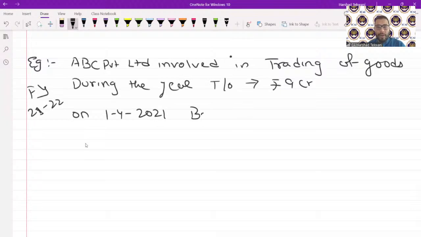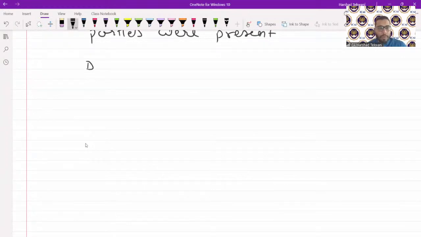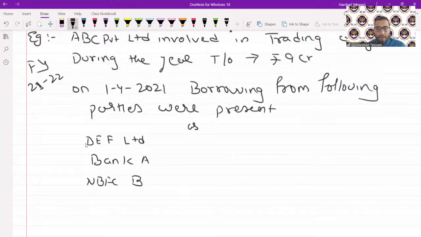On 1/4/2021, borrowings were from the following parties: DEF Limited, Bank A, NBFC B. Okay, so these were the three parties from where we were having borrowings as on 1/4/21.